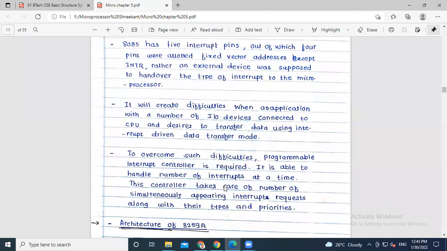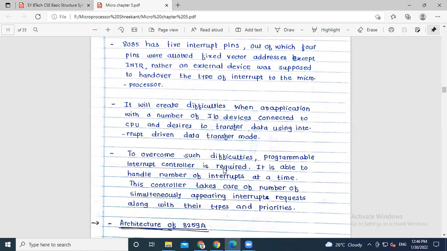Difficulties arise whenever an application has a number of input output devices connected to the CPU and needs to transfer data using interrupt driven data transfer mode. To overcome the difficulties of maskable and non-maskable interrupts, we have to use the 8259 programmable interrupt controller.